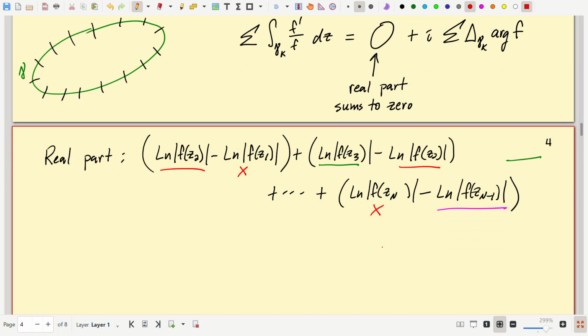Okay, the real part, they pairwise cancel. You get pairwise cancellation as a telescoping sum. And the last one cancels the first one because those are the same point.